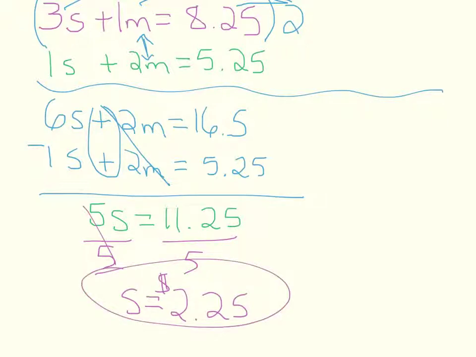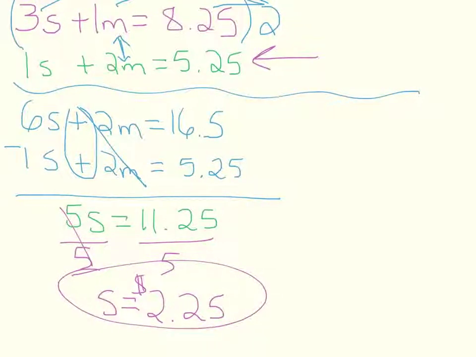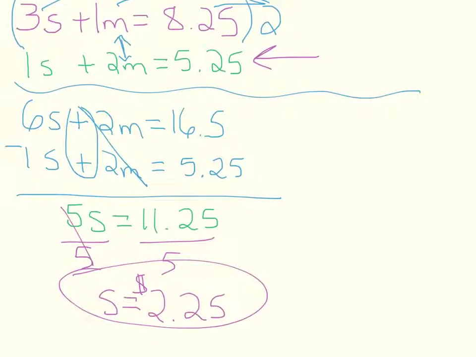Now, we also need to find the cost of one milkshake. So, any of these equations, let's pick this one. 1s plus 2m equals 5.25. So, let's see, 1s, so s is 2.25, plus 2m equals 5.25.